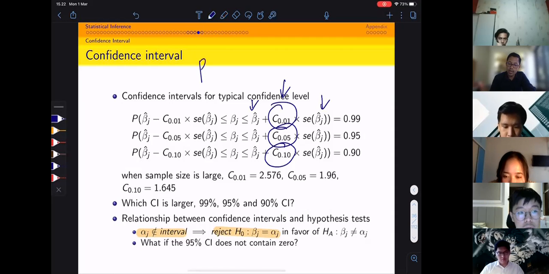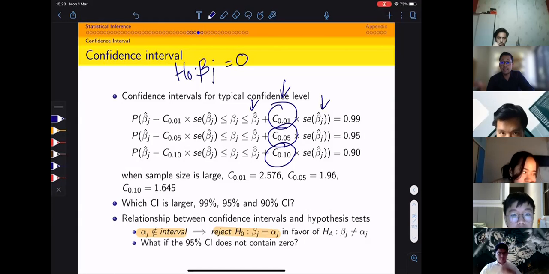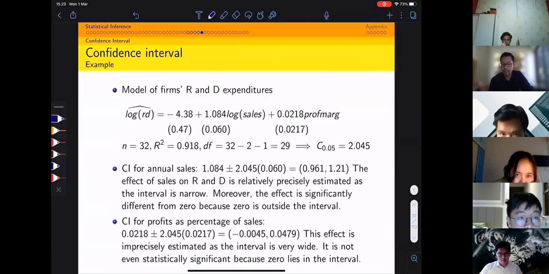Suppose your null hypothesis is beta equal to 0. If 0 is not in the confidence interval, it means that you reject the null hypothesis. Again, if you test the hypothesis that beta j is equal to 0, and 0 is not in the interval, you reject the null hypothesis. So that's the idea of using the confidence interval for hypothesis testing.